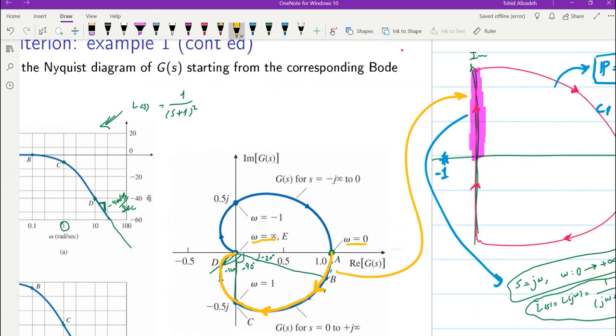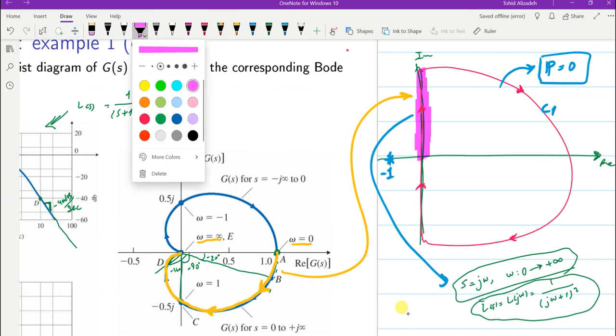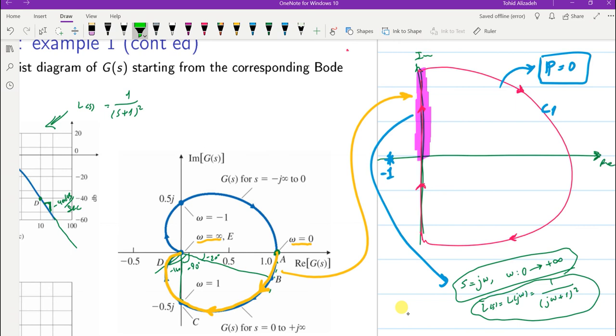For the next segment, which could be this one, again we have S equal to j omega, but this time omega will start from minus infinity and go towards 0.